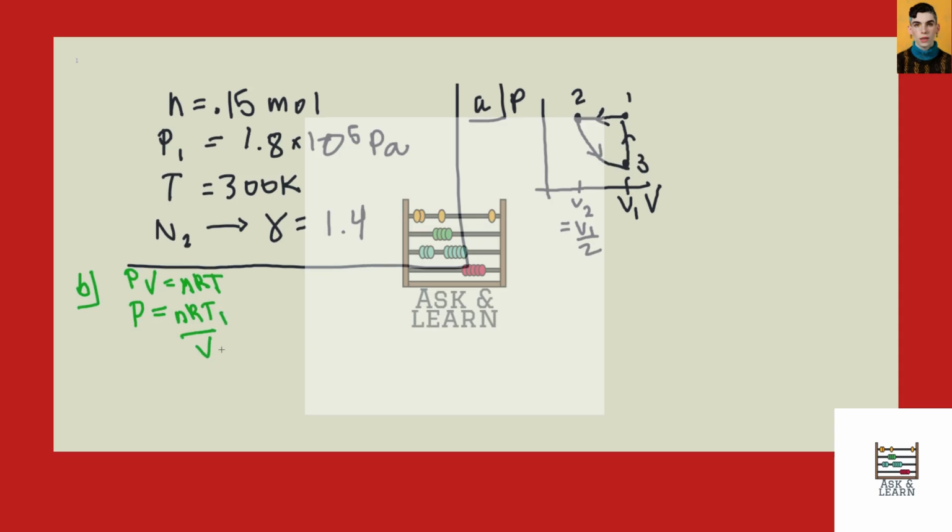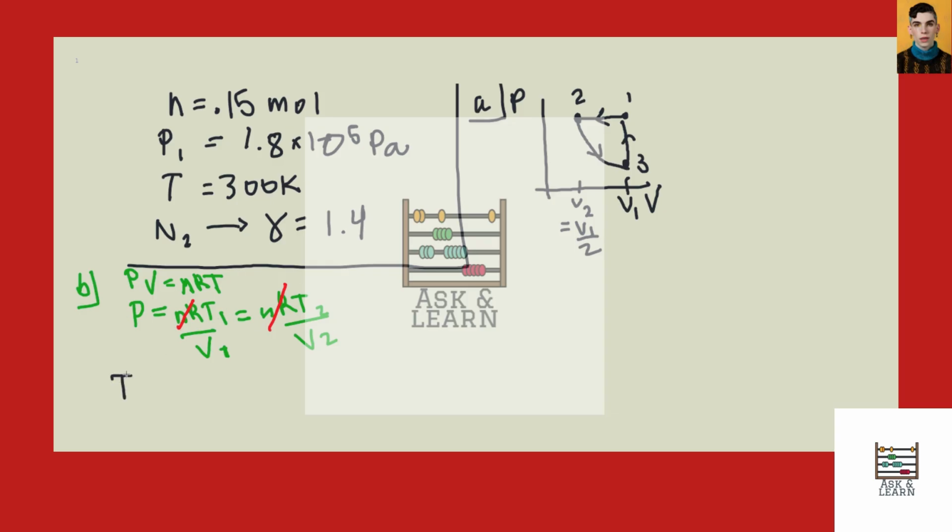Then you can stick subscripts on here: if it's this computation at 1, it's going to be this computation at 2, and they have to be equal because the pressure stays equal. Then if you cancel nR, because R is a constant and the number of moles doesn't change, you get this simple equation, T1 over V1 equals T2 over V2.